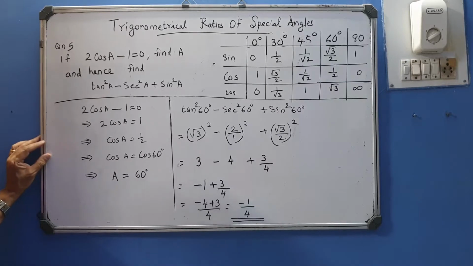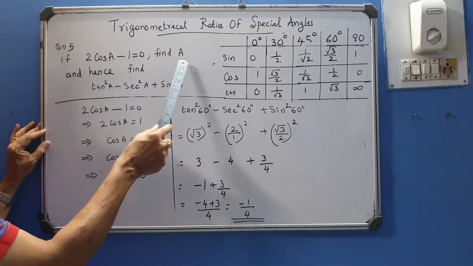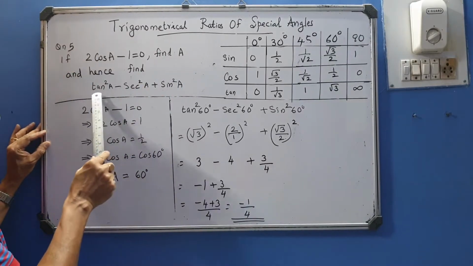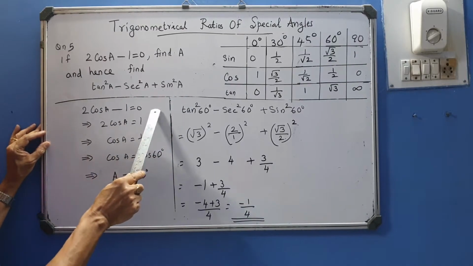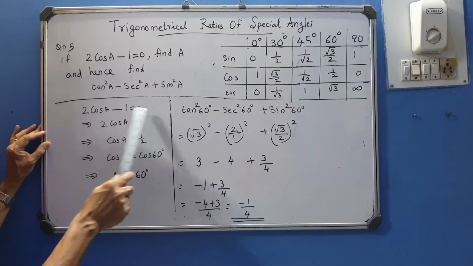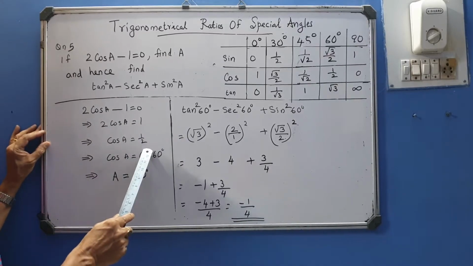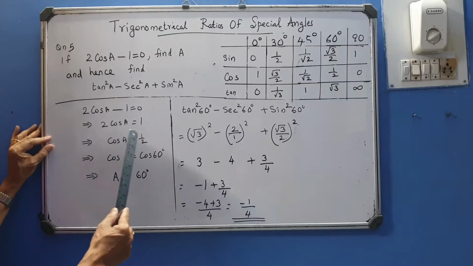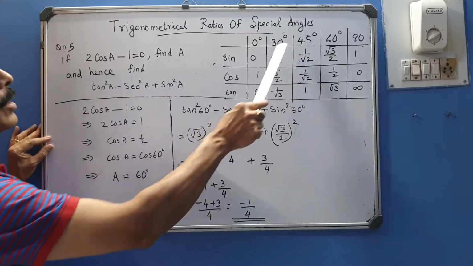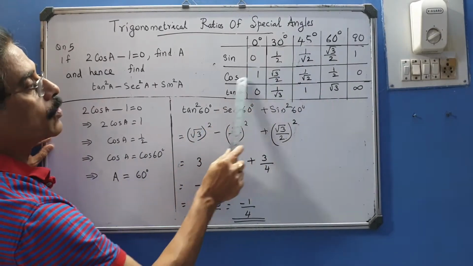So once more, in this question we need to find the value for a first. Then use that value to get this one. So this is how you get it: 2 cos a minus 1 is 0. Take minus 1 to the other side and then 2 to the denominator. So cos a is 1 by 2. Now you have to search values of half. We see sin 30 is half, even cos 60 is half.